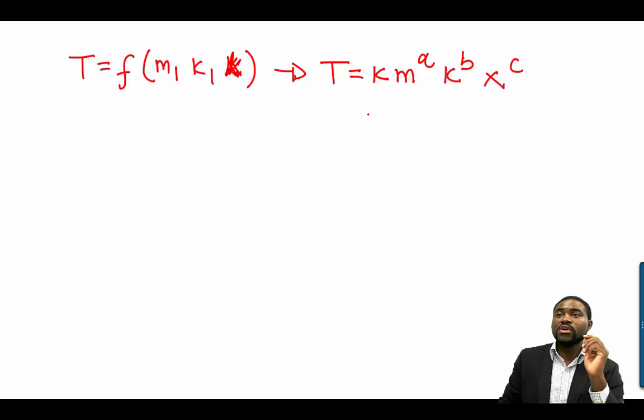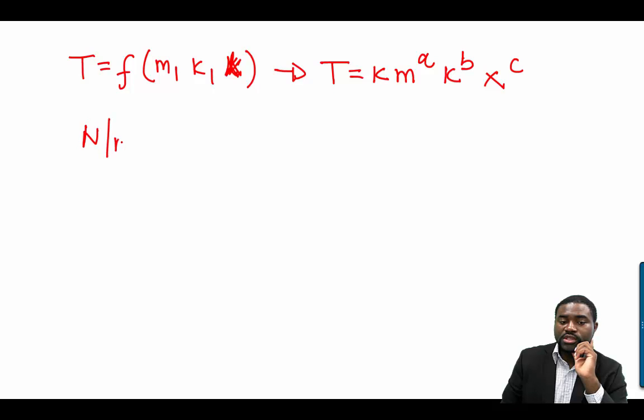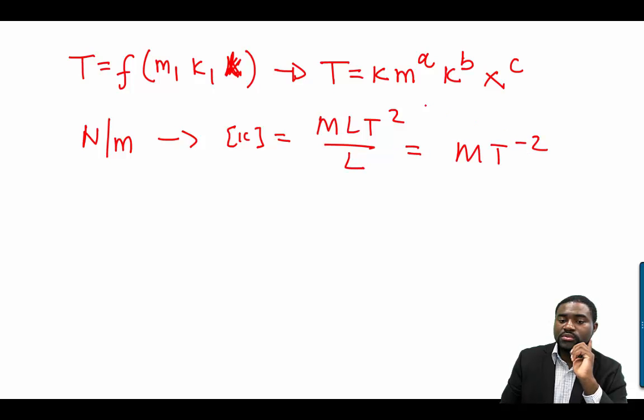Your target is to look for the values of a, b, and c. The k stands for the spring constant, and the unit is newton per meter, which means that the dimension of k should be MLT^-2 divided by L, which is just going to be MT^-2. So those are the dimensions for k.